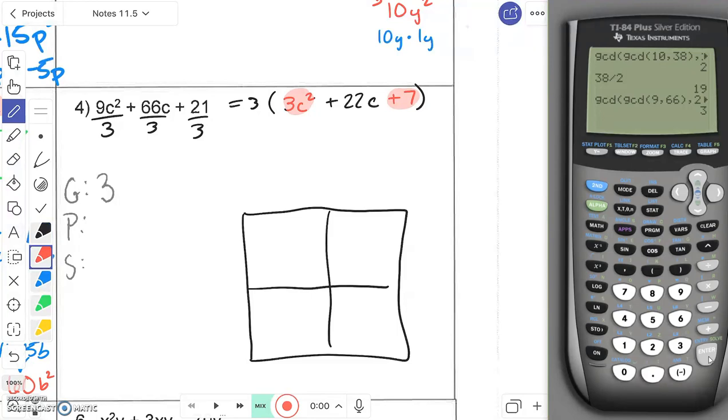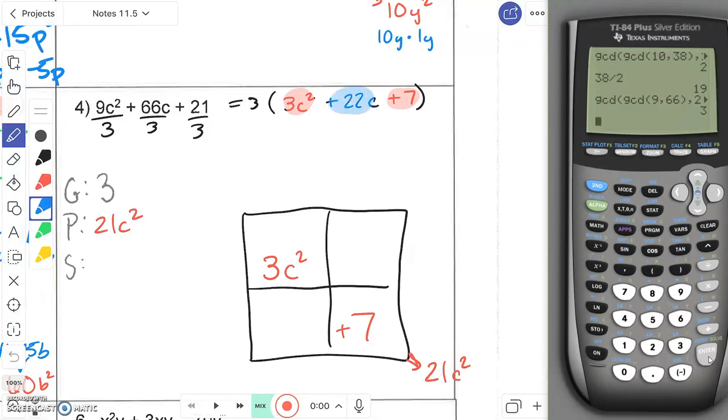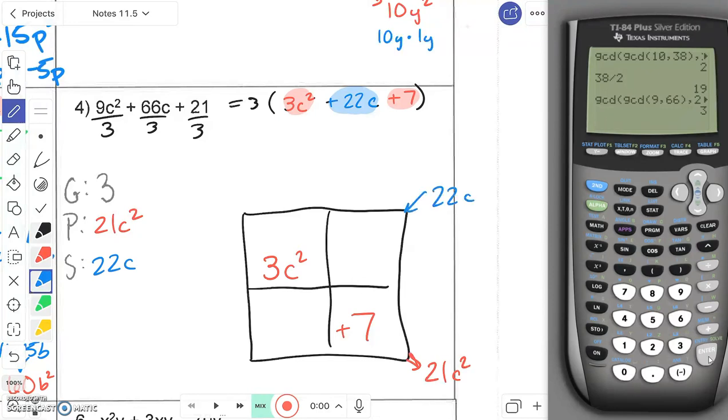And I put that inside, so 3c squared times positive 7 gives me 21c squared, so that's my product. And then my sum is the B value, so 22c, so that's going to be my 2 numbers that go in there, the ones that add up to be 22c.